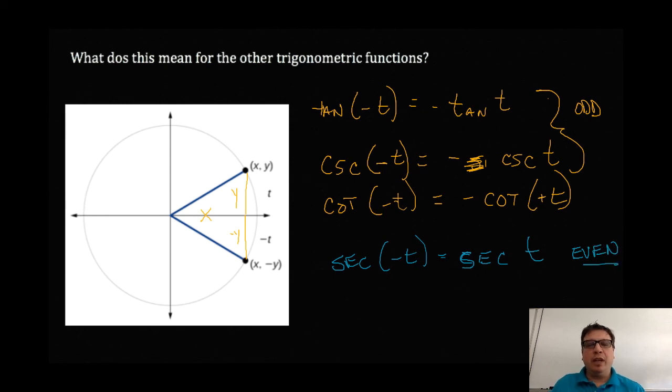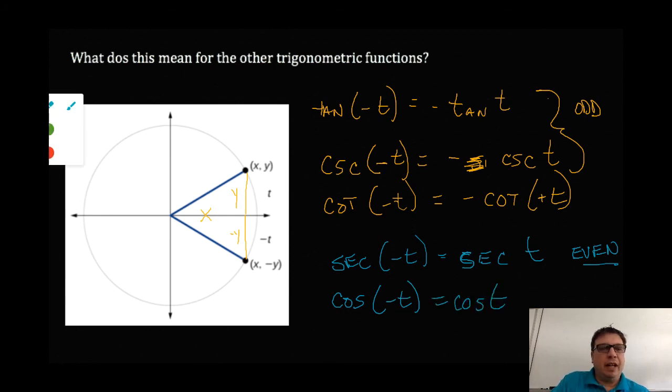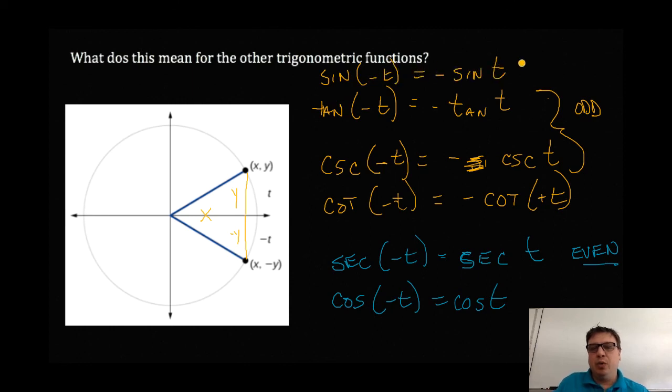So now we know of all the ones that are odd, all the ones that are even. I'll add in the other functions here, so we know that cosine is even. And that's why I've got them color coded. I'll add in sine at the top just so that we know these are all 6 trig functions, and we know which ones are even and which ones are odd. So there's only 2 that are even, and that's cosine and its reciprocal. All the other ones are going to be odd in their basic form.